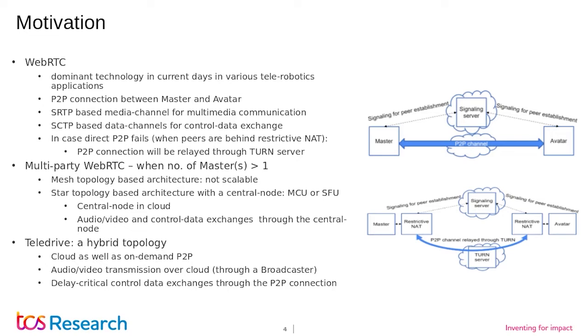So for this we are proposing Teledrive as a hybrid topology, where the cloud architecture is still there, and along with that we are proposing an on-demand P2P channel which will help to exchange the delay critical control data.